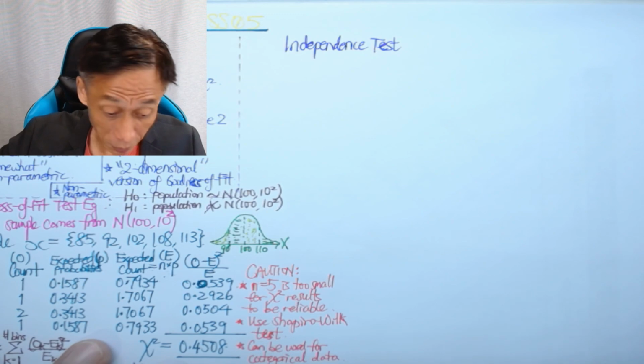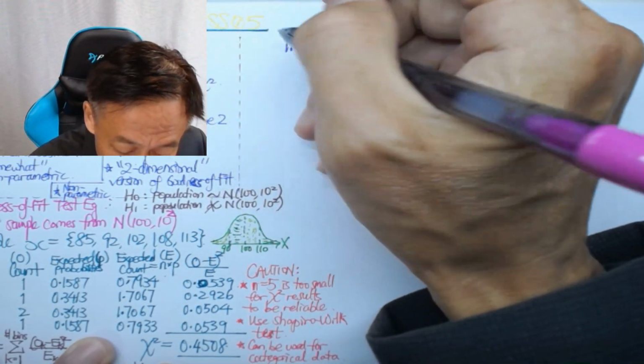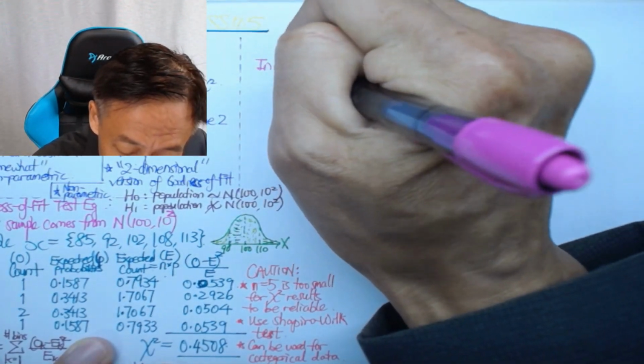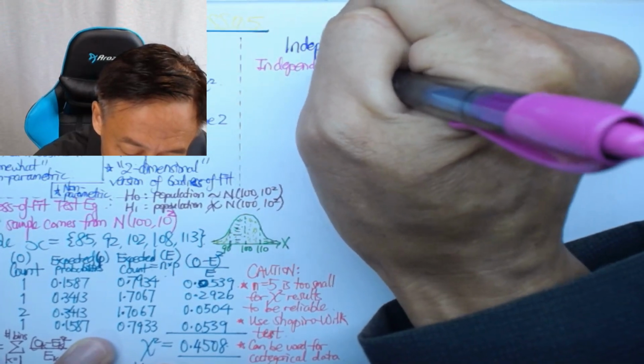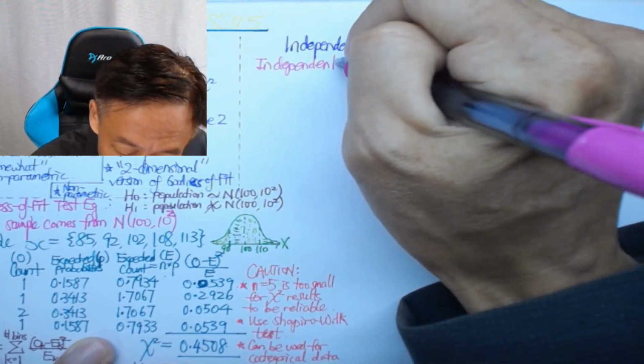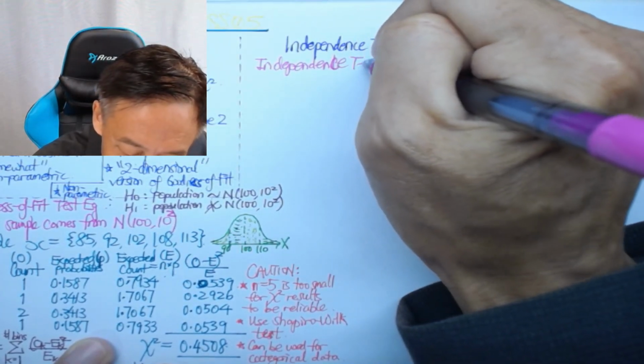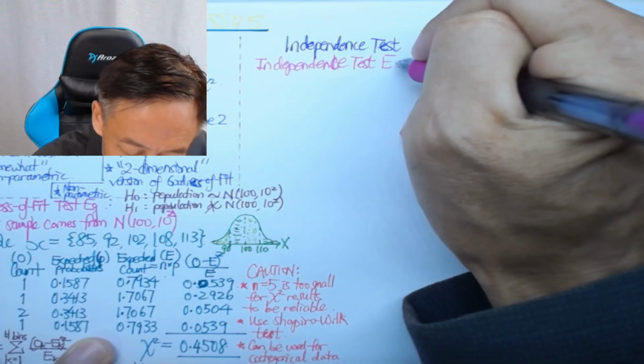So let's begin by saying that we want an independence test example.